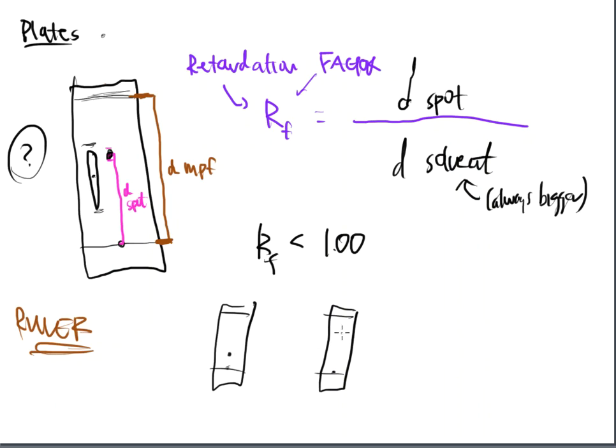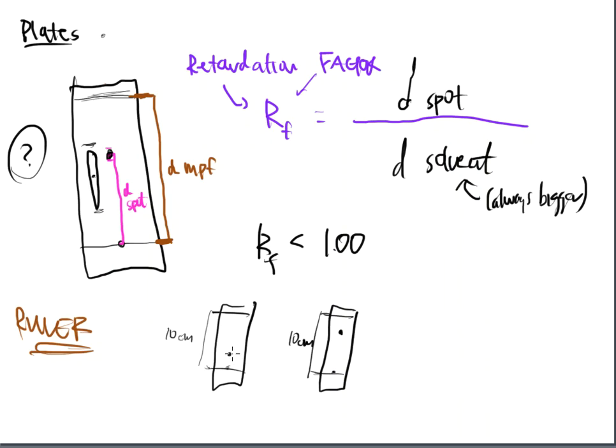And this one's here, and this one's here. All right, well, I'm going to measure, and I'm just going to make up some of these numbers. So I'm going to measure the distance from the origin to the top, and let's say that I get 10 centimeters on that one, and I get 10 centimeters on this one.